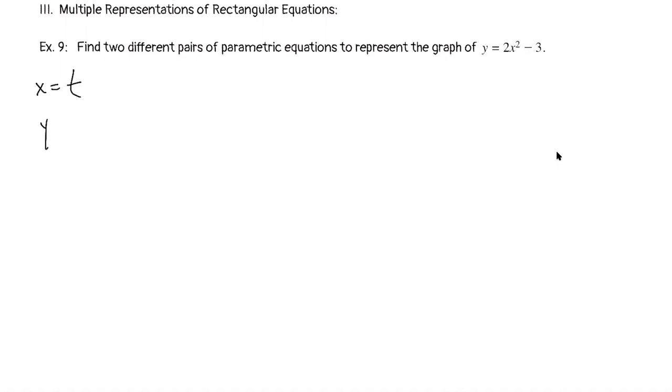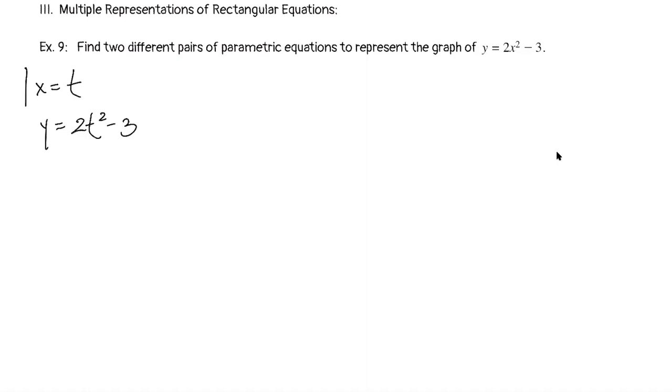What that means is the y equation that goes with it is just going to be 2t squared minus 3. Okay? Because if I plug in x everywhere I see a t, I'm going to get y equals 2x squared minus 3. Okay?